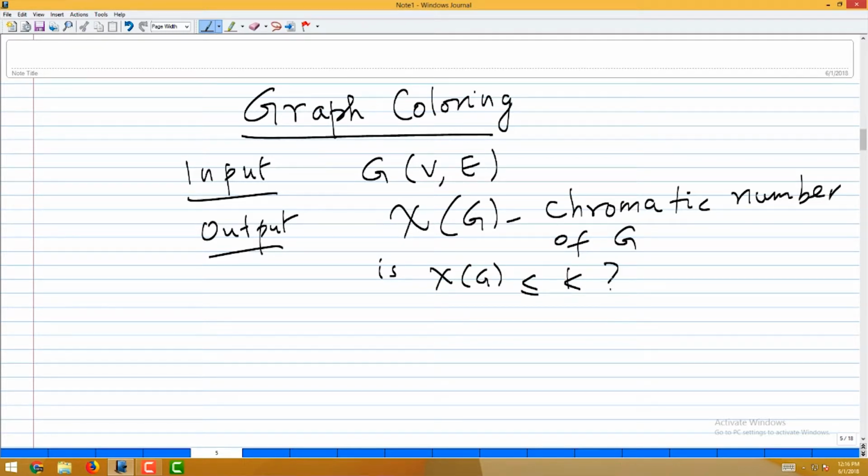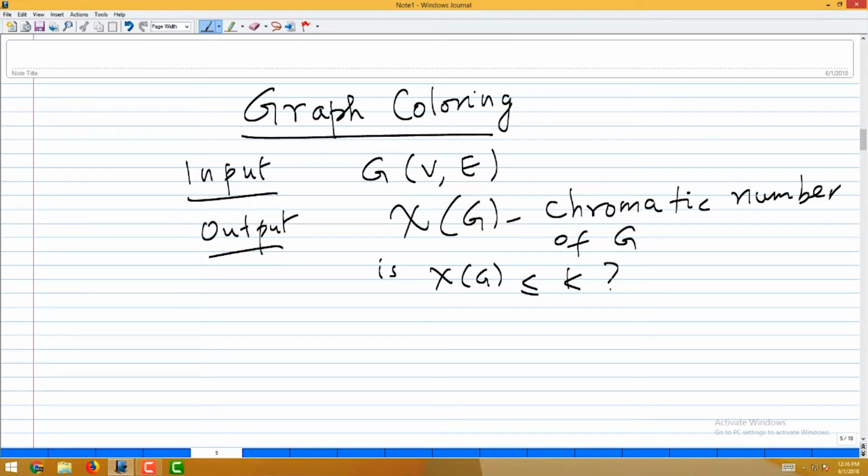If it's bipartite, you can check in polynomial time, but I am asking is it 5 colorable, and so what is the try all possibilities algorithm? n power n, k power n. Yeah, if I ask this specific question, that means what? What are you trying? For each vertex, how many choices are there? k colors. If k is the number of colors I want to test, each vertex has k choices.